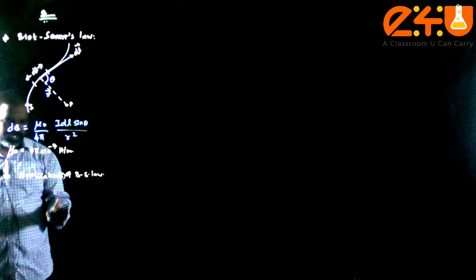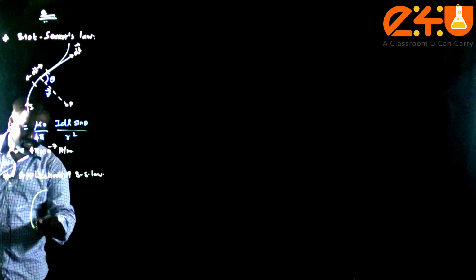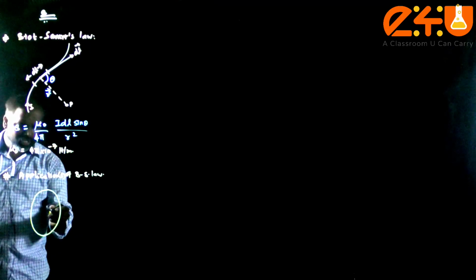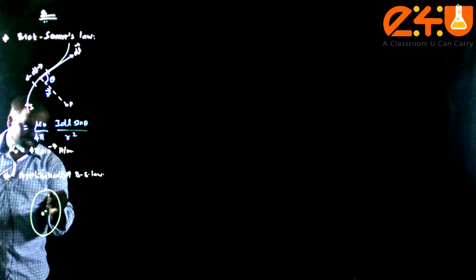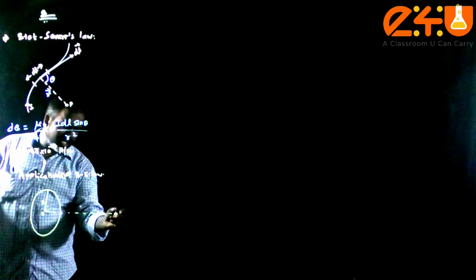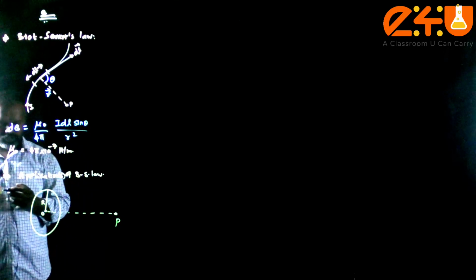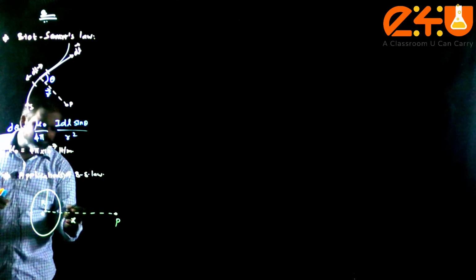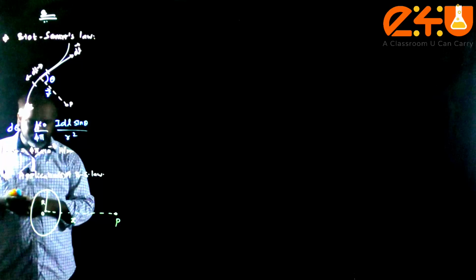There is a circular coil of radius r, where the point P is called the axial point, where we have to measure the magnetic field due to this current carrying circular loop, which is at a distance x.